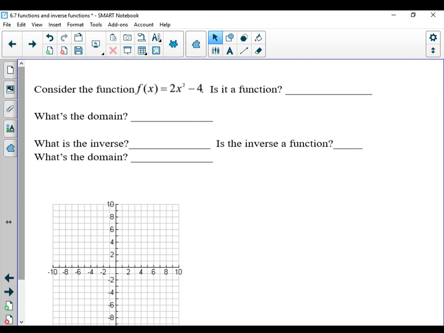So back in the day, we would take a graph and we would take our pencil across it, and if it only crossed once, it was a function. Okay, so let's graph this real quick. You can use your calculator, even though you know how to do it without one. But go ahead and graph that.